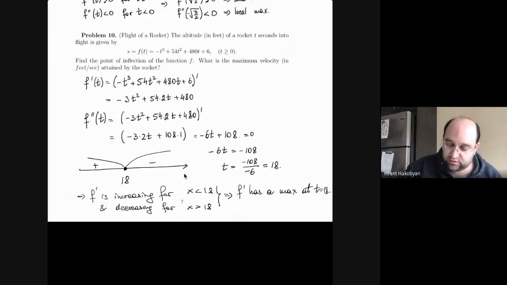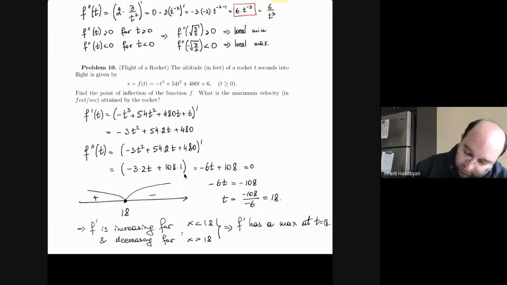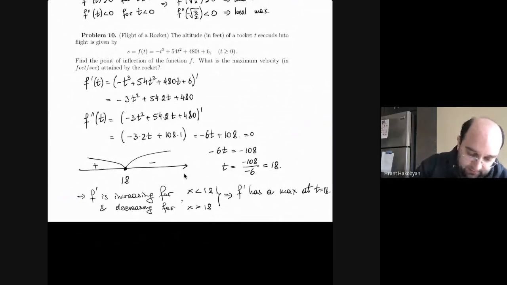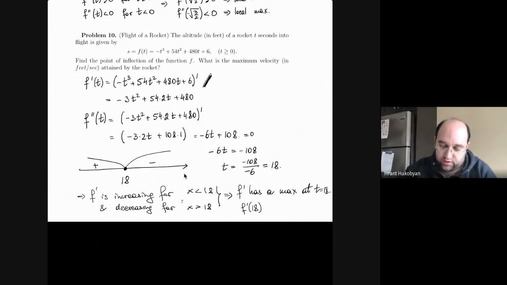All you need to do is calculate the derivative at 18. So at that inflection point, you have to calculate the derivative. If you write f prime of 18, just plug 18 into this expression here, you will have your maximum velocity.